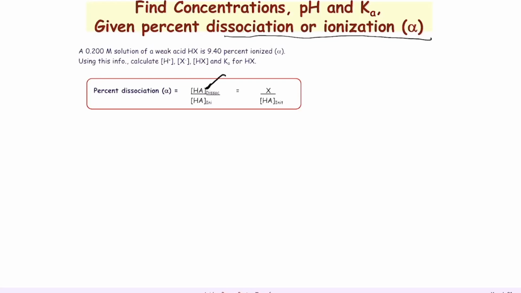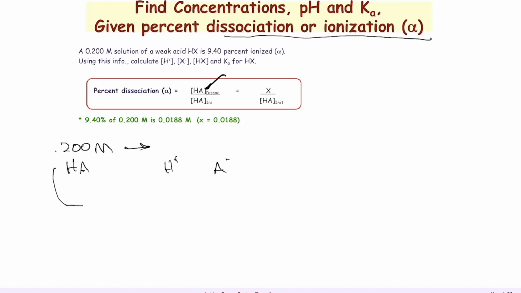So let's take a look at this right here. Let's say we have a 9.4% dissociated acid. What is the pH of the solution? Well, if you've got 0.200 molar and it's 9.4% dissociation, then 9.4% of 0.2 is going to be 0.0188.